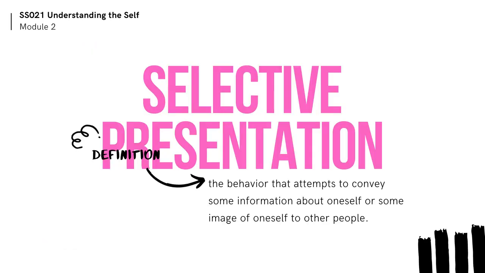So, in the online world, we still experience the need to impress other people and create a favorable impression. Thus, selective presentation happens. So, what is selective presentation? It is the behavior that attempts to convey some information about oneself or some image of oneself to other people.